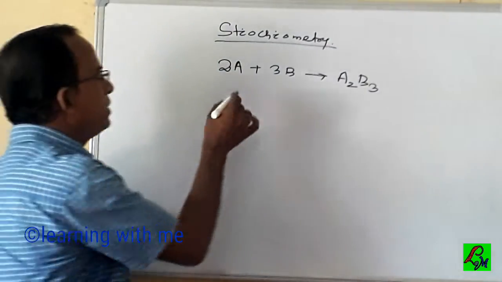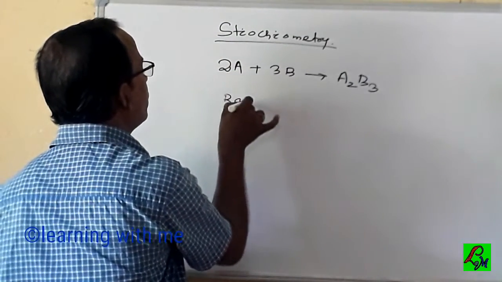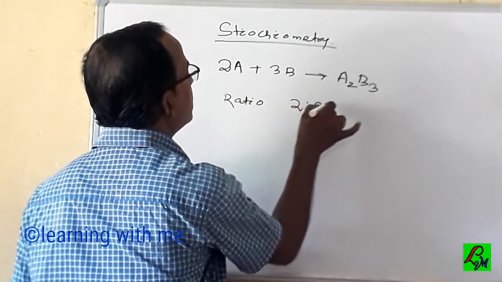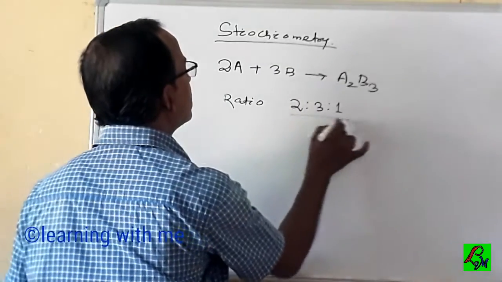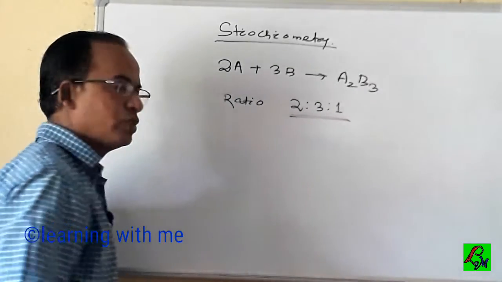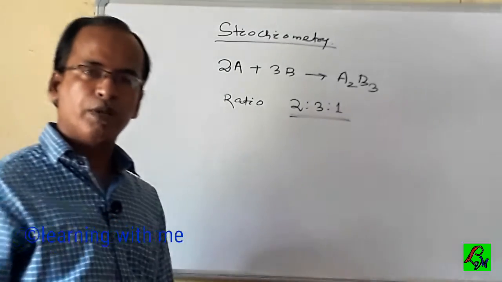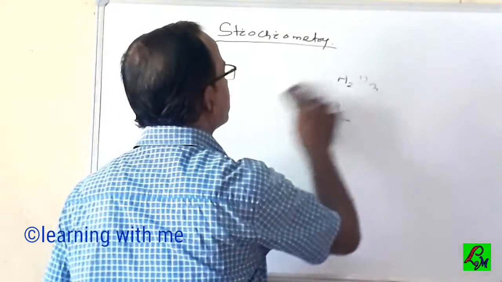So the ratio is equal to 2:3:1. This is the stoichiometric ratio. This ratio is called the stoichiometric ratio. We will take some examples and problems on this chapter to discuss it in detail.